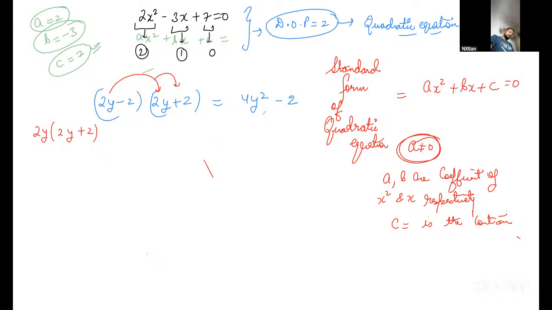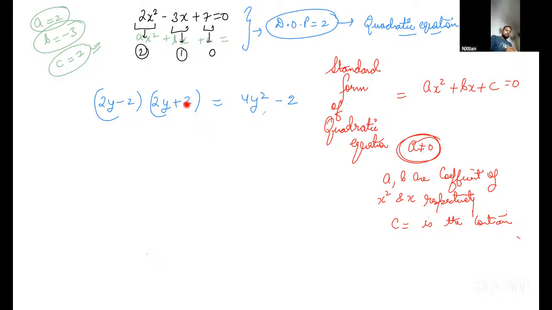Or we can do one thing. It is in the form a minus b into a plus b. Did you understand what I'm trying to do? It is in the form a minus b, a plus b.